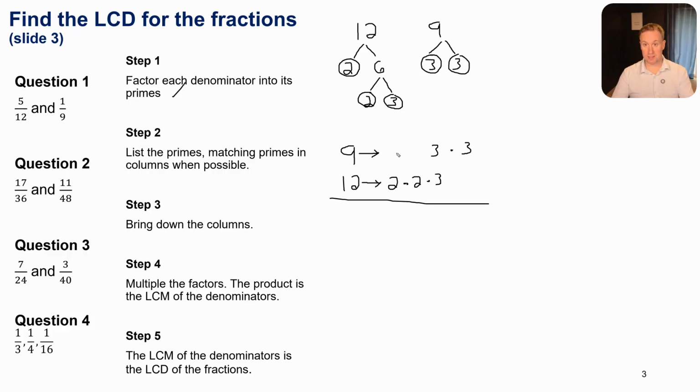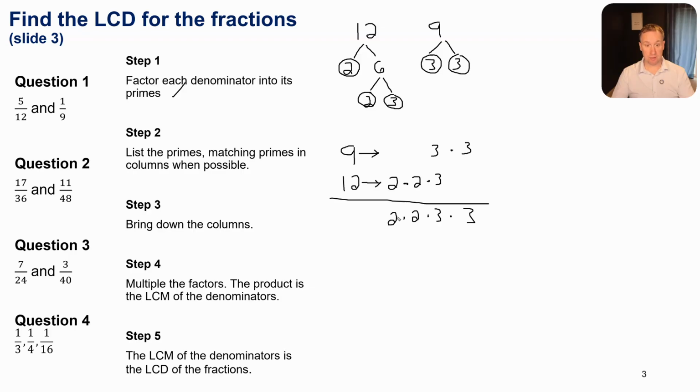We are dropping things down from columns. This 2 is not matched, so we're going to drop the 2 here, times drop this 2. Now, one of the 3's does match, so we're basically taking out a 3. We're dropping the 2 3's down from the column, and then dropping this last 3 down as well. So this is going to be our least common multiple.